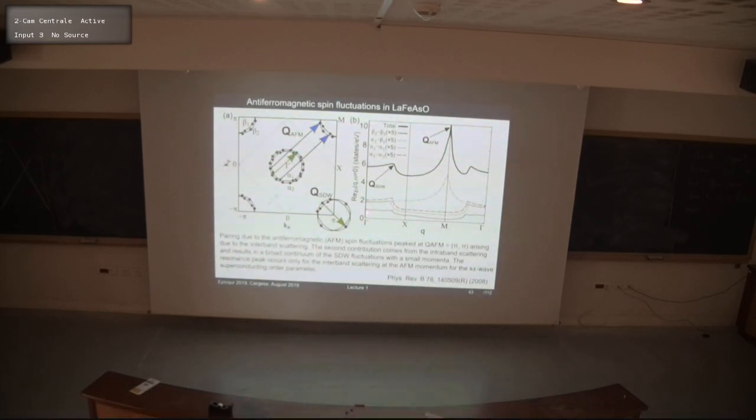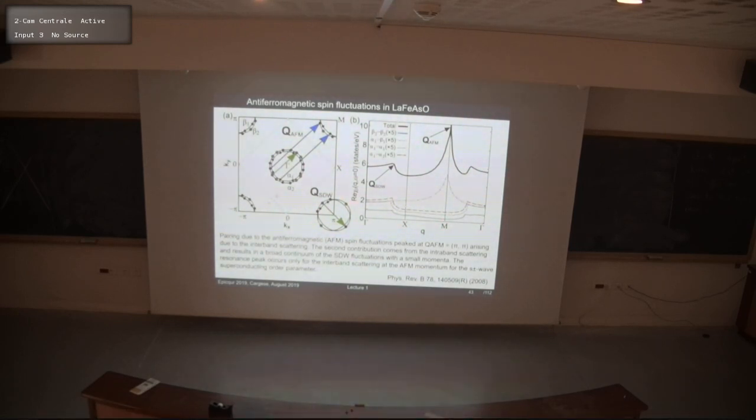So now coming to the pairing interaction, we go back to the itinerant picture of nesting, where we have this antiferromagnetic vector which connects hole and electron bands, and the real part of the susceptibility has a very strong enhancement at this Q vector.